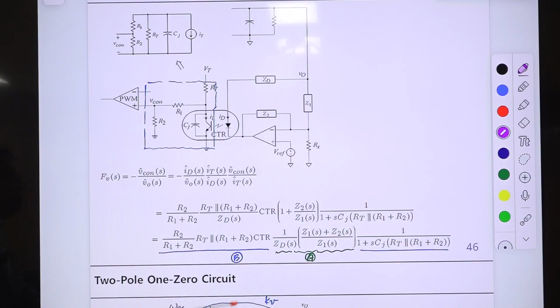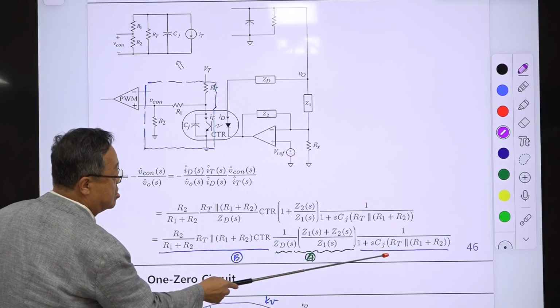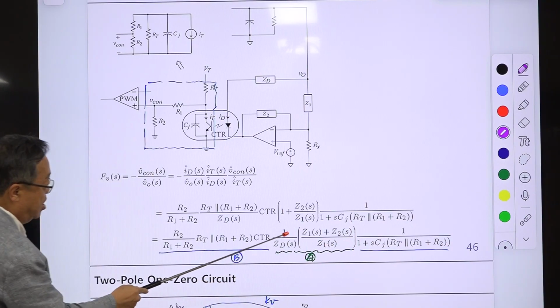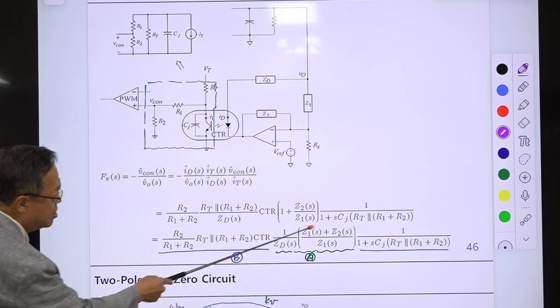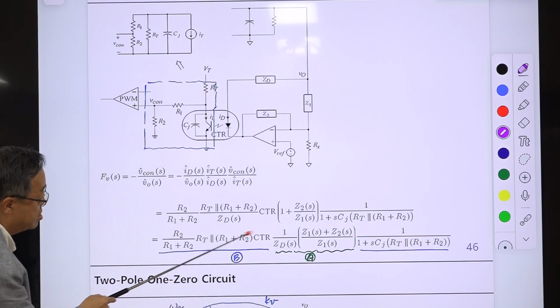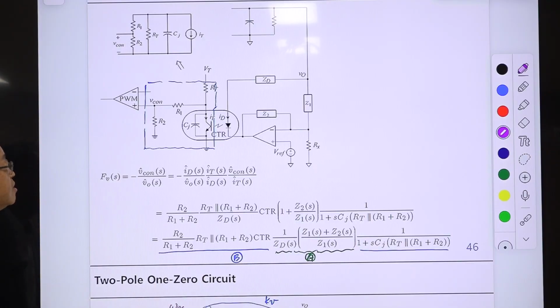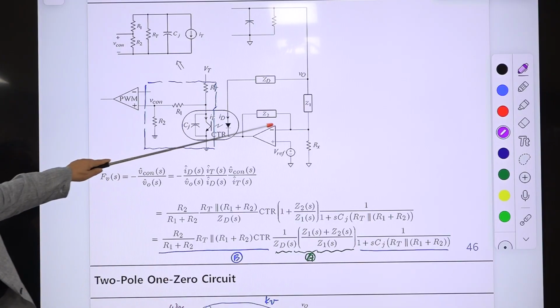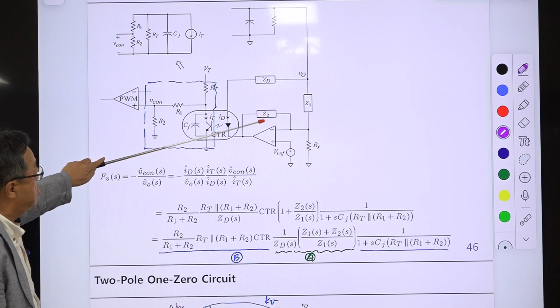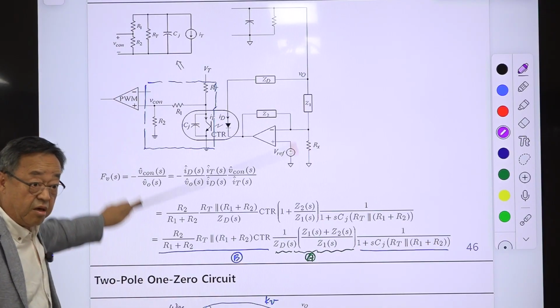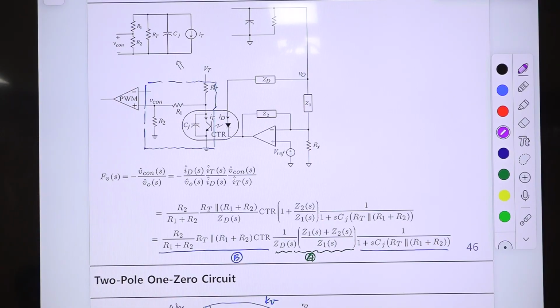This one is the pole, so we know the expression of the pole, and this one creates the integrator gain combined with this, and there is a 0 here. Okay, so we are using the general notation of G1 and G2 and GD, but in our case, this one is simply the resistor RD.